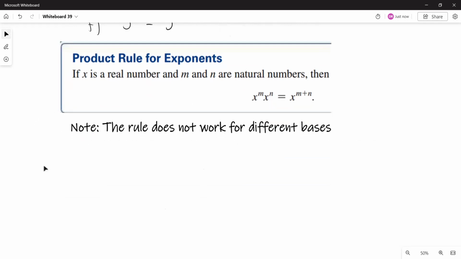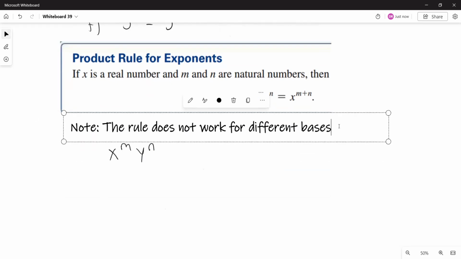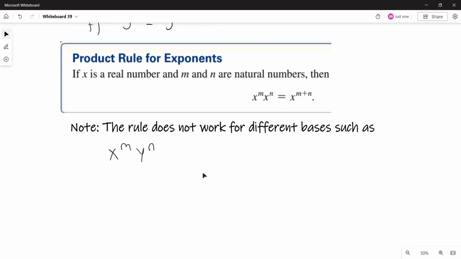In general, I should write, the rule does not work for different bases, such as x to the m times y to the n.